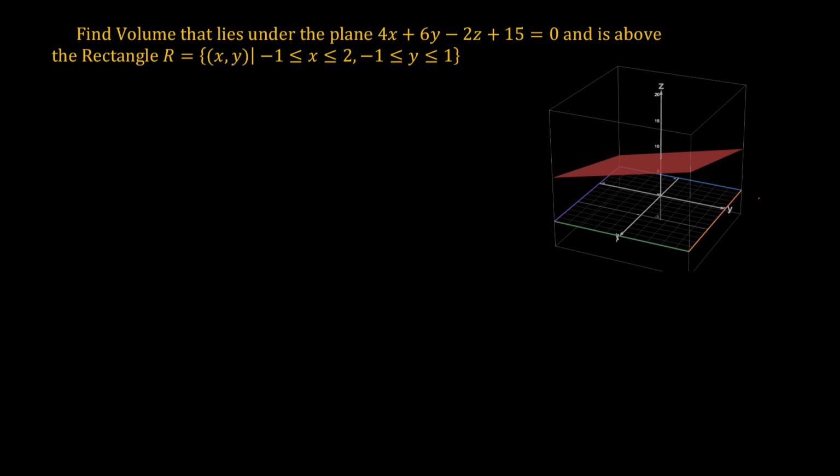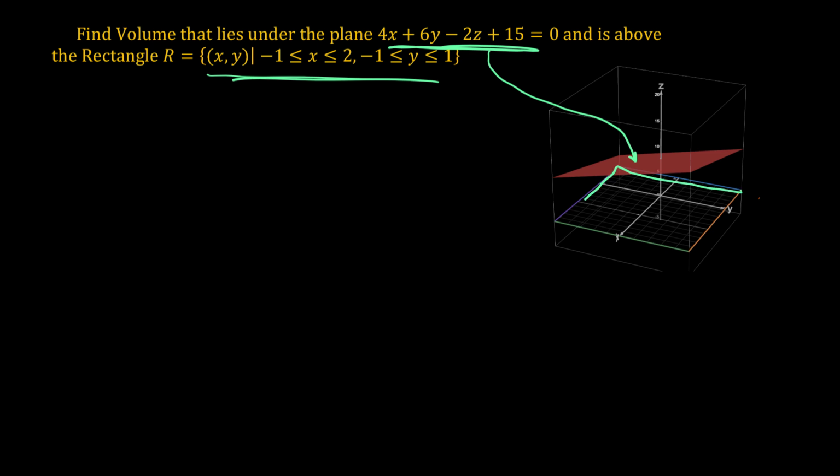So here we want to find the volume of the solid that lies below this plane. You can see the plane here and is above the rectangle. The rectangle is x between -1 and 2 and y from -1 and 1.